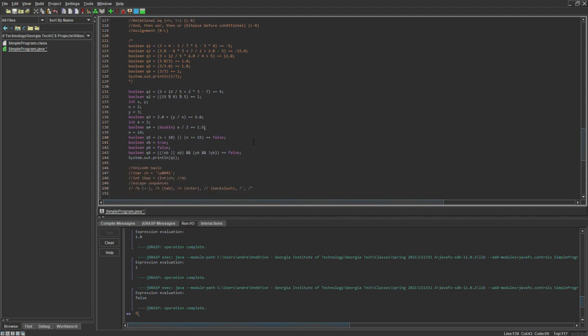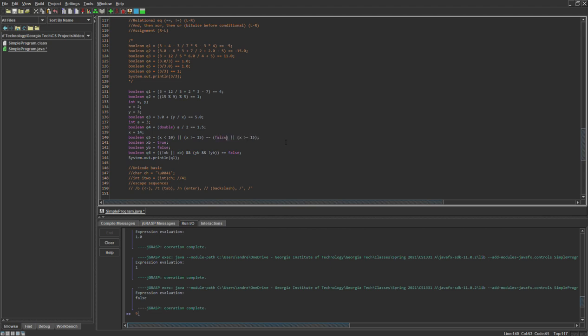Next one, x is less than 10. And then I believe that's the OR operator. No, I could be wrong. Might be the XOR operator. That's another thing that we need to cover. Well, let's see here. Is x less than 10? Well, x is 14. Is 14 less than 10?